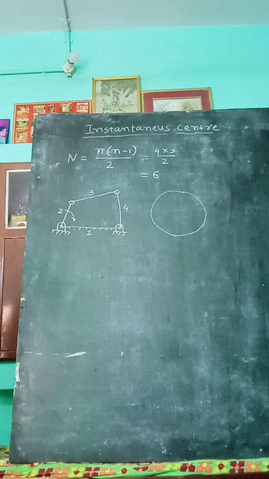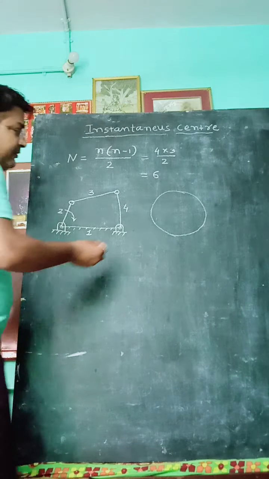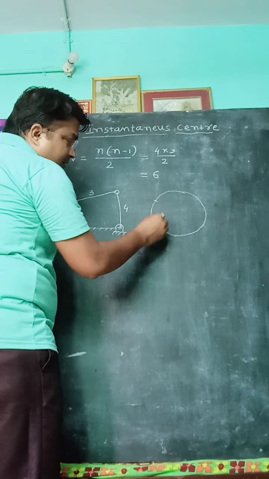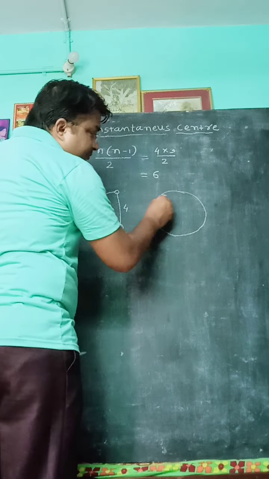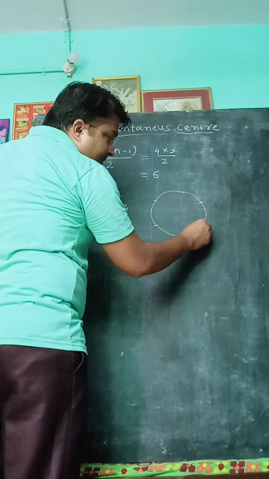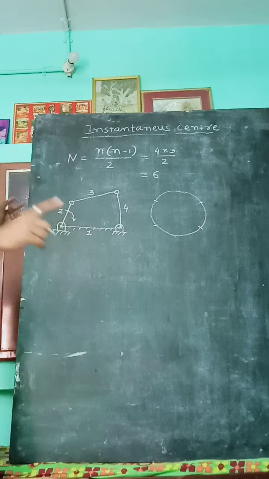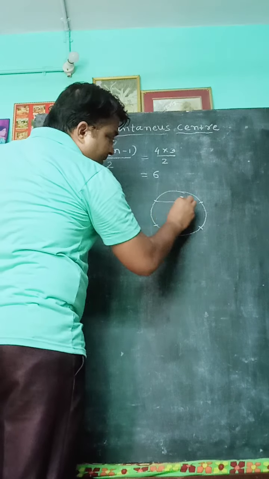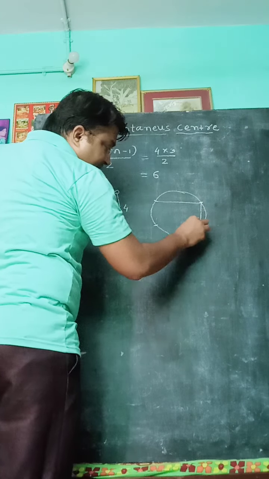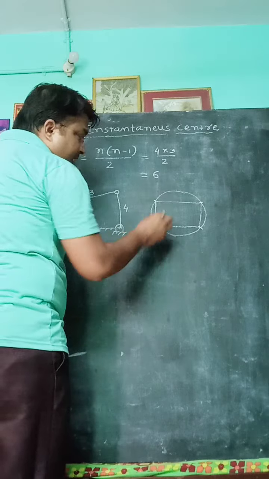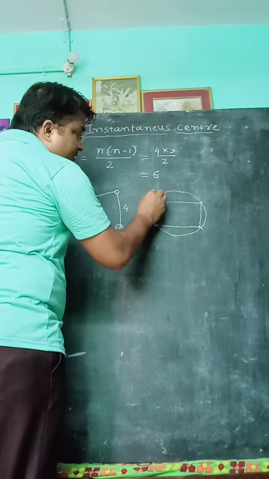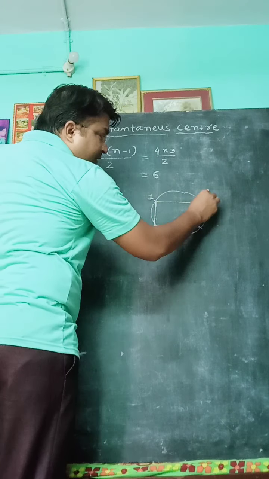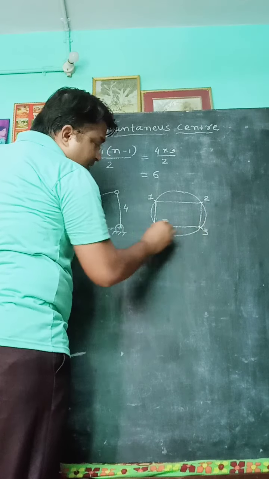We know that it is either a square or a rectangle. So just point them out in that particular geometrical shape. Here a rectangle is formed. This is 1, 2, 3 and 4.